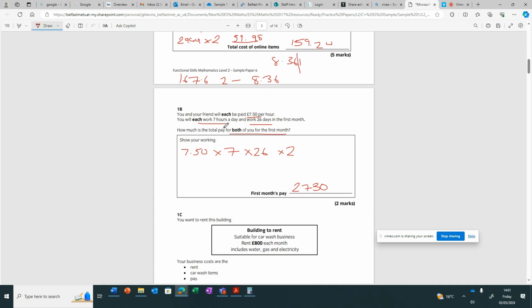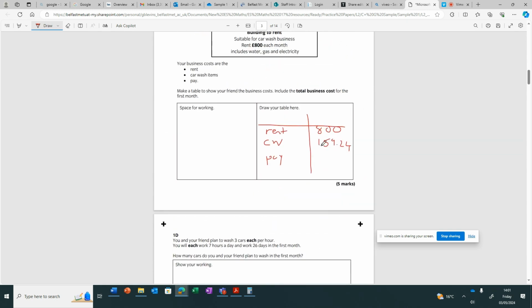And then we'll total them up by adding, and we get 3689.24. We could fix the table, maybe put pounds here and costs.